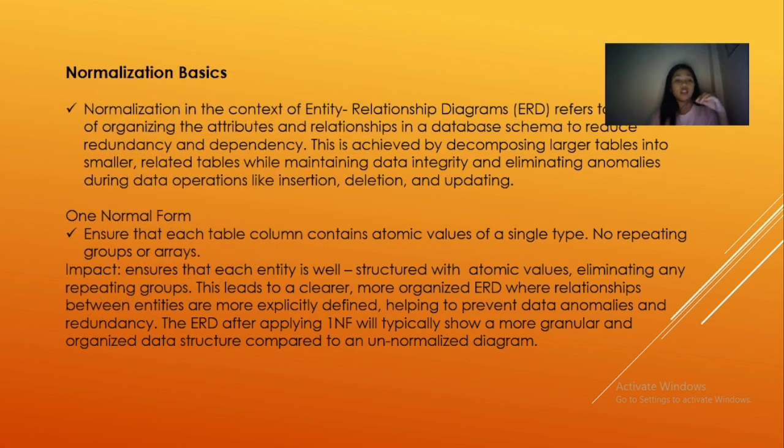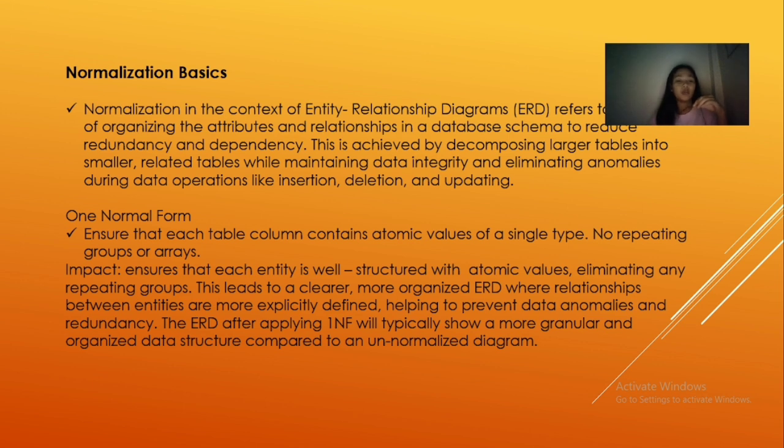Next is the normalization basics. Normalization in the context of entity relationship diagrams, or ERD, refers to the process of organizing the attributes and the relationships in a database schema to reduce redundancy and dependency. This is achieved by decomposing larger tables into smaller, related tables while maintaining data integrity and eliminating anomalies during data operations like insertion, deletion, and updating.